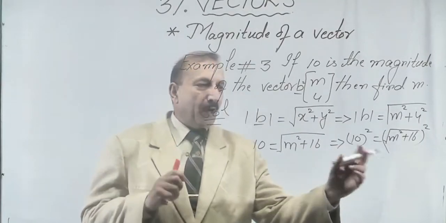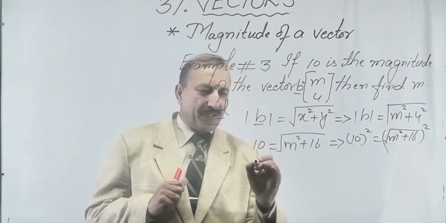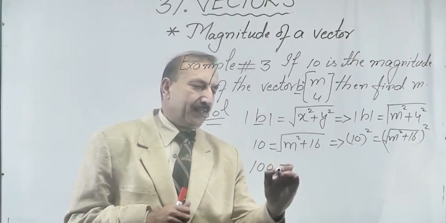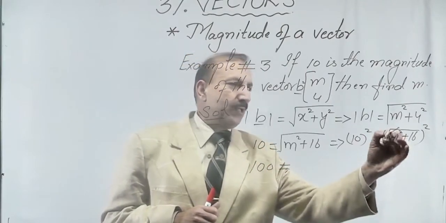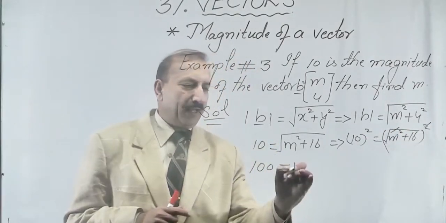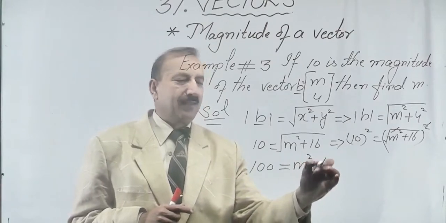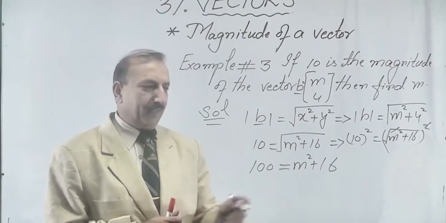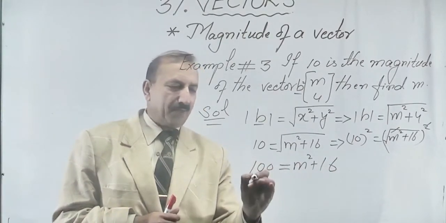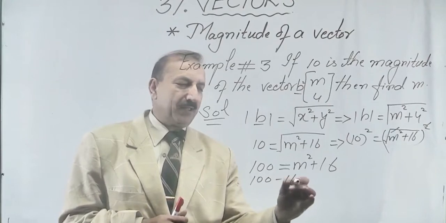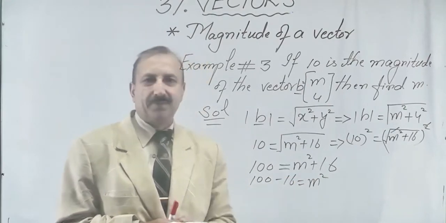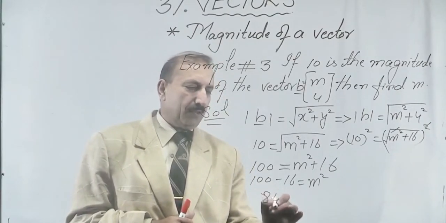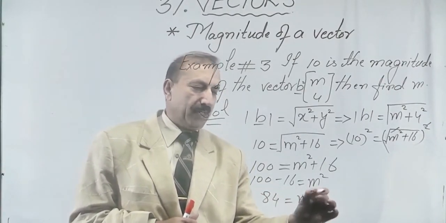So now 10 square is 100, and this is equal to m square plus 16, as the square root cancels with this square. Now let's further simplify. Transfer this 16 to this side: 100 minus 16 is equal to m square, and this will be 84 equals m square.